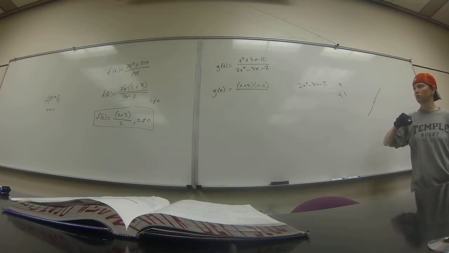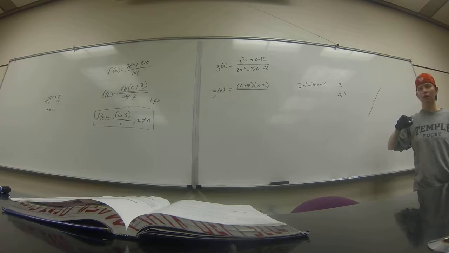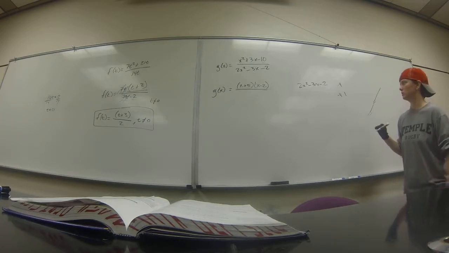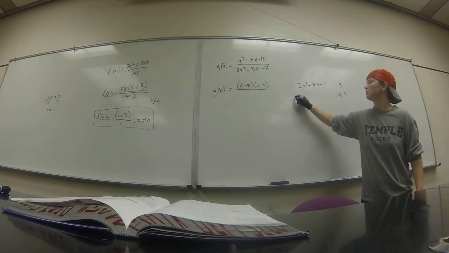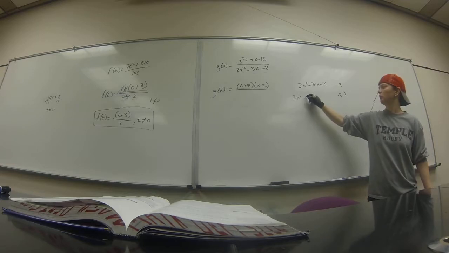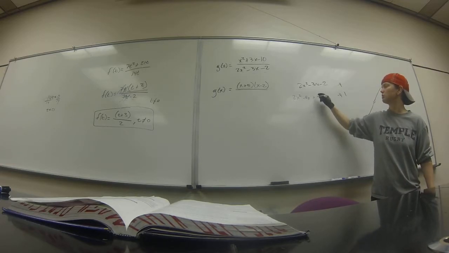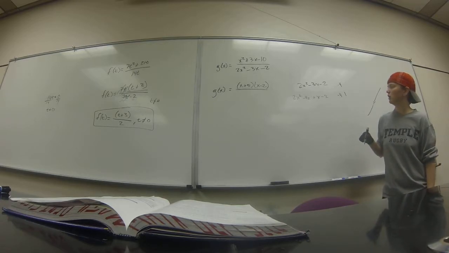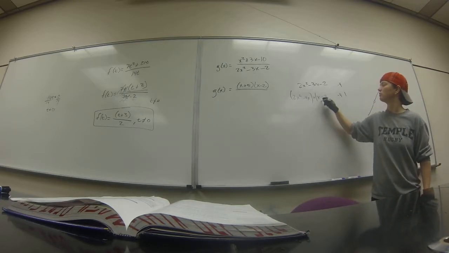Negative 4, plus 1, and we can't just go straight to x minus 4, x plus 1, right? No, because you want it to be a 2. We have to do the grouping thing. 2x squared minus 4x plus 1x minus 2. Alright, so I'm going to group them.